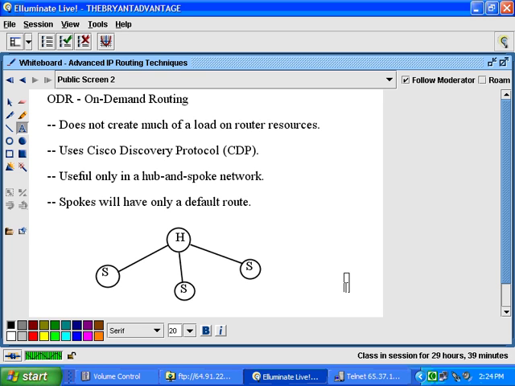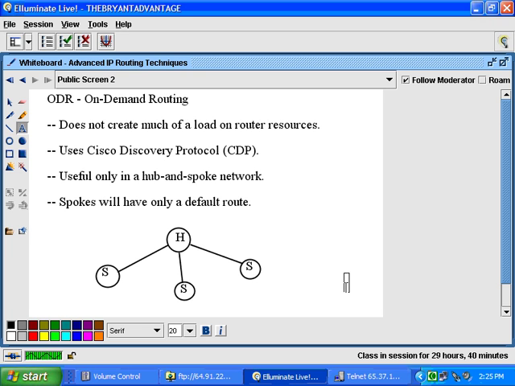It just has a default route. All the spokes are doing is sending all their data to the hub, and the hub router is going to have a complete routing table and take care of the routing from there. So again, you have to have CDP running, and you have to have a hub and spoke network to run ODR. Again, you really don't see very much of ODR anymore.